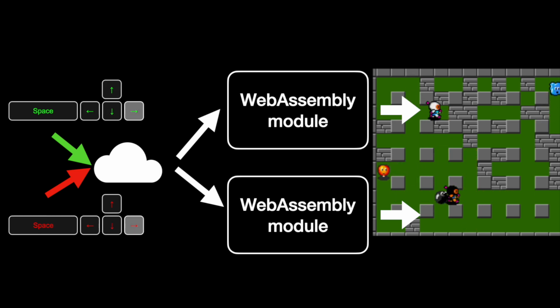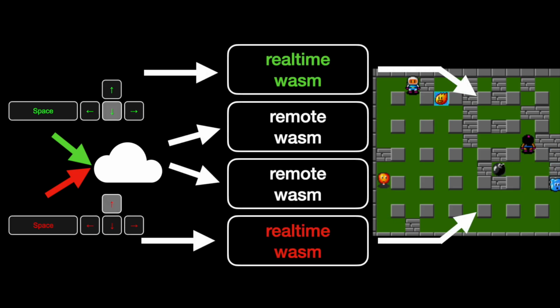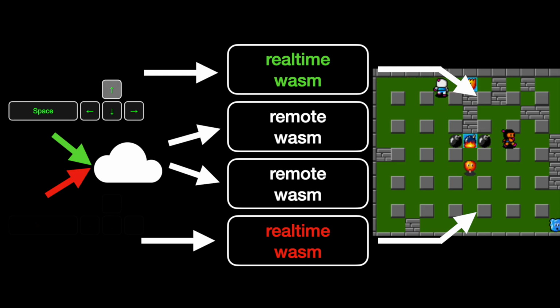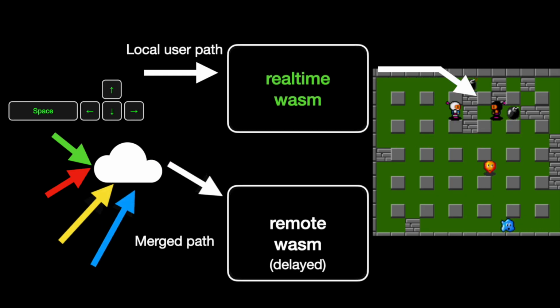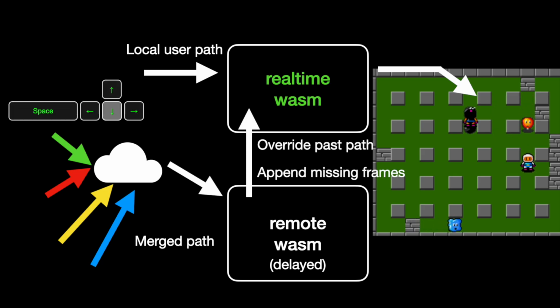But unfortunately, it takes some time to send data back and forth, so every player runs 2 instances of the game. One is the real-time instance, which is directly controlled by the user, and the second one is synchronized with the cloud server to the very last bit of memory. They are identical, but delayed by a few frames against the real-time instance.